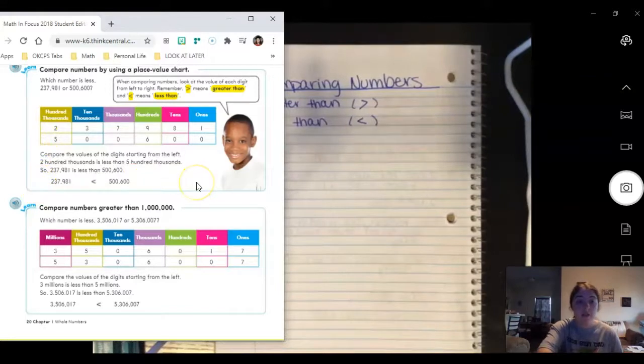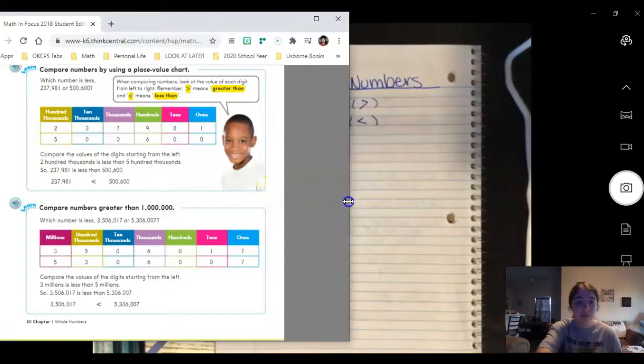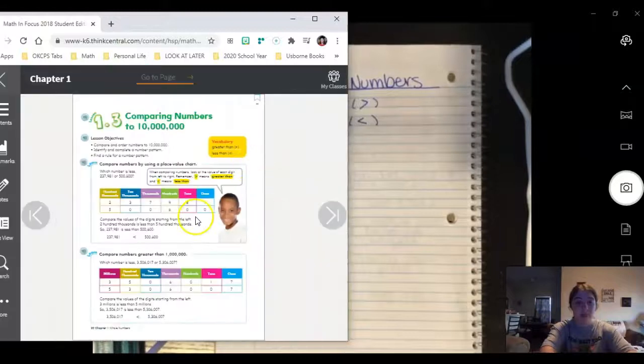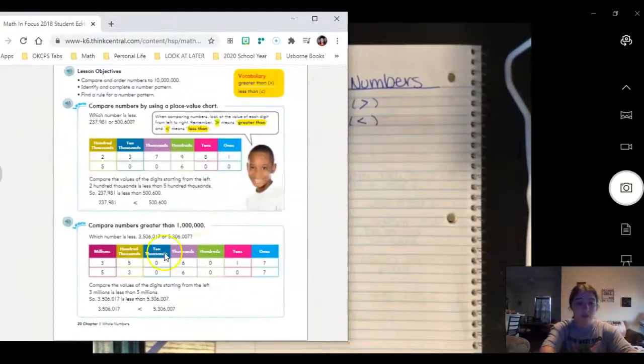Okay, so then we come down to this number, and we have, oops, sorry guys. So we have comparing numbers greater than 1 million. So in the millions place, we have 3,506,017.